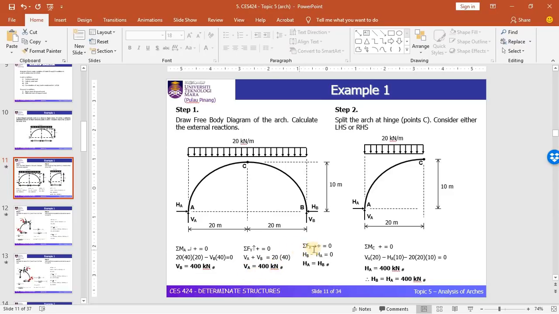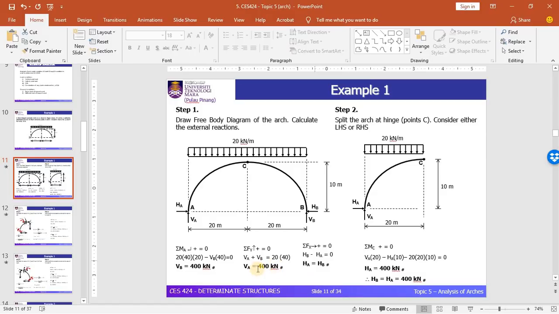Considering the summation of horizontal forces, you will find that HA is equal to HB. But here we still cannot solve for the values of HA and HB, because this arch consists of 4 unknown reactions. So we need 4 equations to solve 4 unknowns. I have mentioned this in the previous lecture.